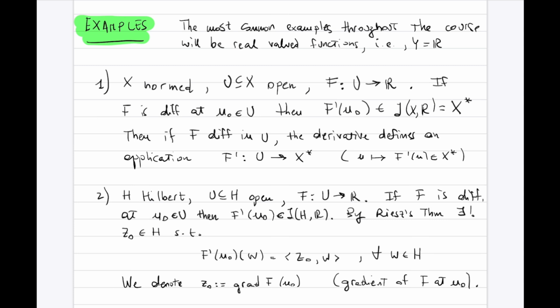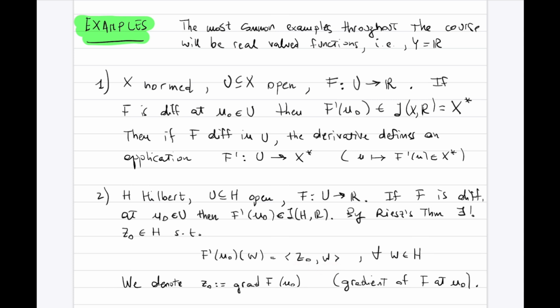Okay, we saw last time, actually, in the previous video, the Riesz theorem. The dual of H admits a nice characterization. So it just says that H is isomorphic to its own dual. And so by means of this characterization we see that there exists a point z0 in H such that f prime of u0 evaluated at some w in H is just a scalar product between z0 and w.